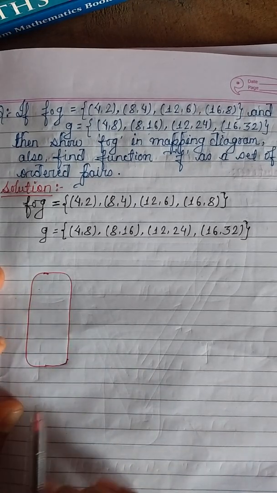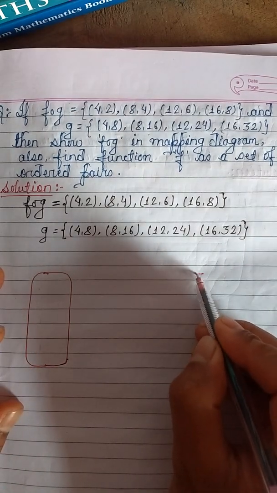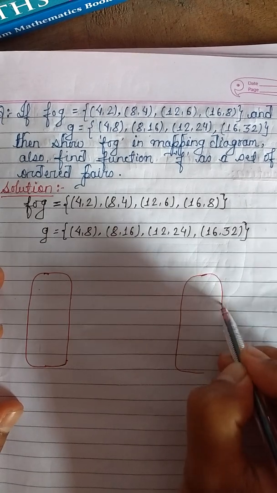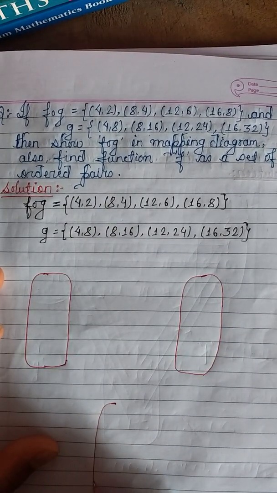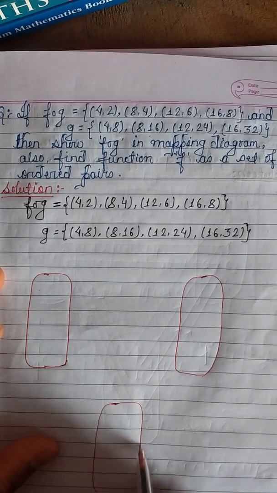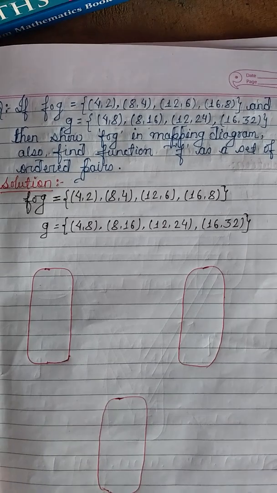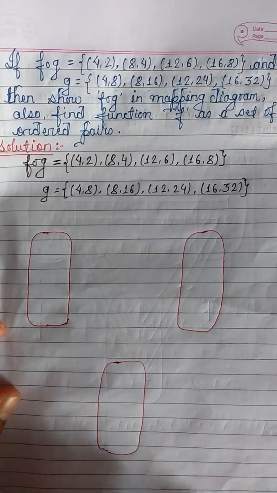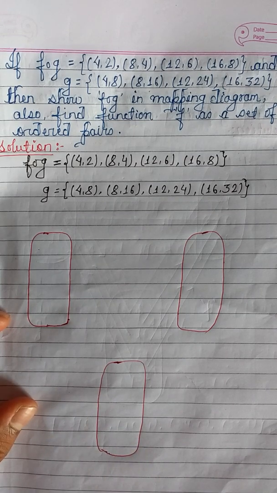It doesn't look like an oval shape, but generally we draw oval shapes. Now this is the general structure of our mapping diagram, and we have to be sure about the domain and range first.